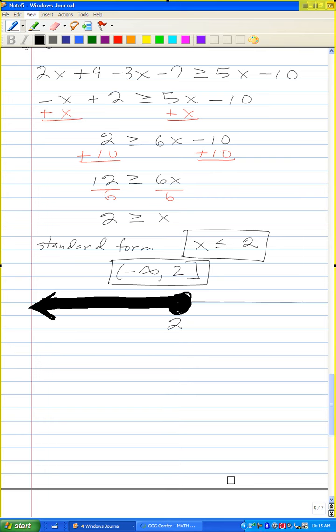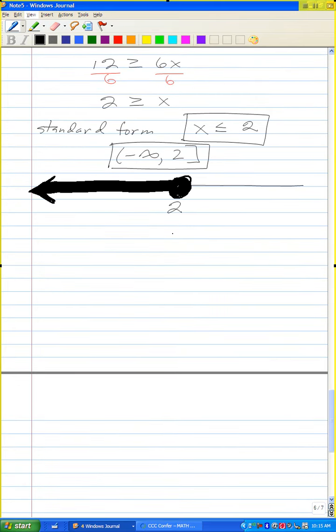Let me do problem number 87. In exercises 79 through 94, solve the inequality. 6 times (x plus 1) is greater than or equal to 5 plus (x plus 3) minus 3x.